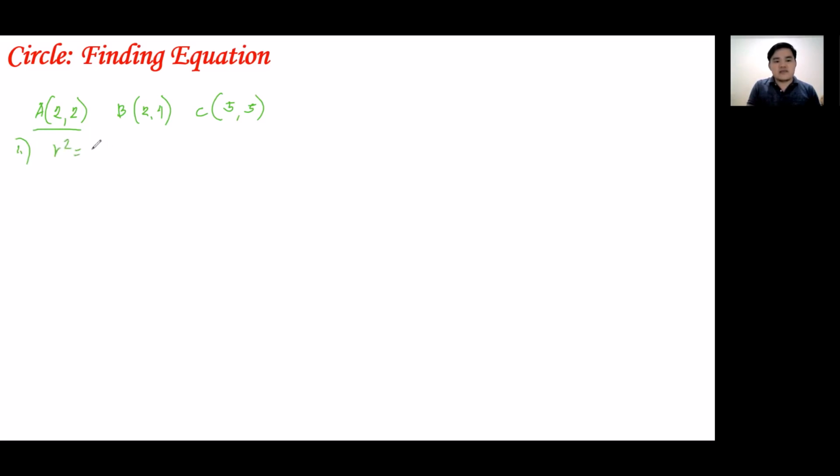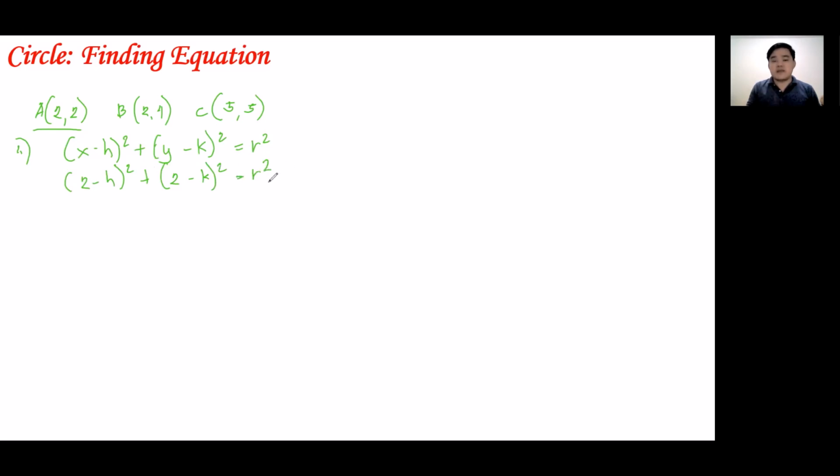So let's have (x minus h) squared plus (y minus k) squared is equal to r squared. We're going to use first the point A. So our x is 2: (2 minus h) squared plus, our y is 2, (2 minus k) squared is equal to r squared.